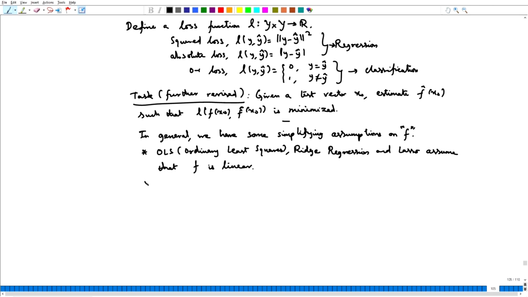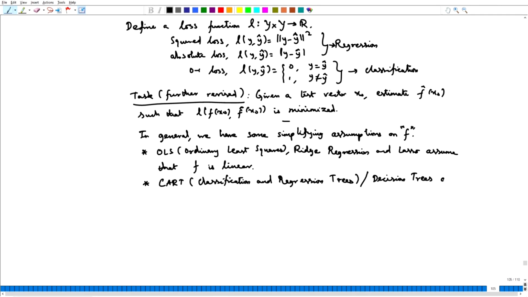And you might see CART, which is classification and regression trees, or it is also called decision trees. These are different names of the same method.